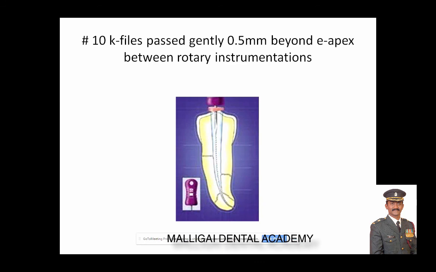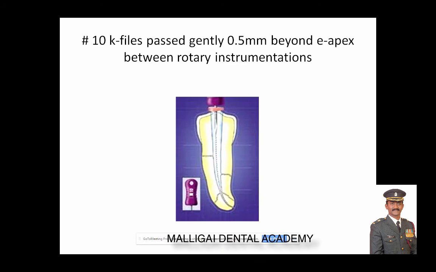One simple step that can prevent blockage of your apical foramen is patency filing, done simply with your number 10 K file, passed gently 0.5 mm beyond the E apex, that is beyond point A, between rotary instrumentations.